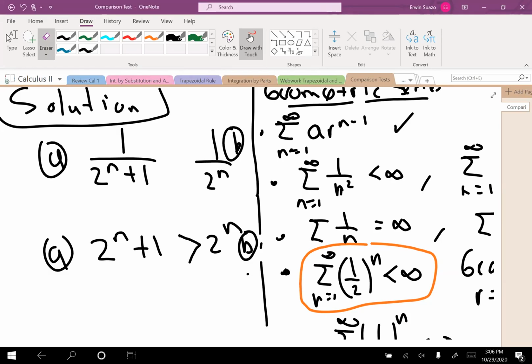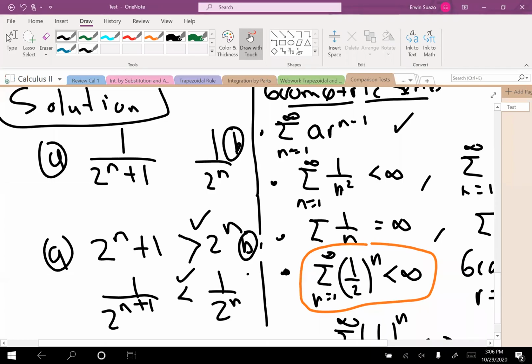But if I invert the fraction, so if I write now 1 over 2 to the n plus 1, then this will be inverted, the 1 over 2 to the n. You learned this in precalculus. 2 to the n plus 1 is bigger than 2 to the n. If you invert this, then this is true. So this is true, therefore this is true. So the answer is, this is less than this guy.